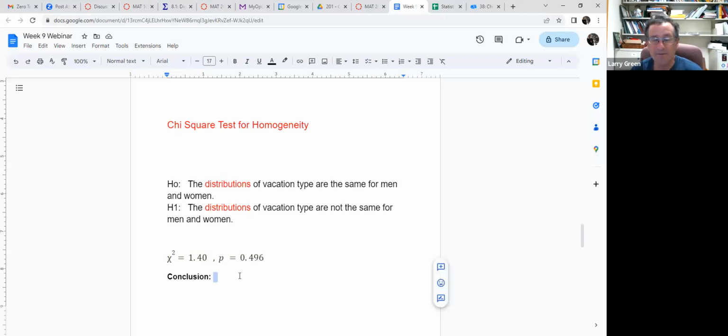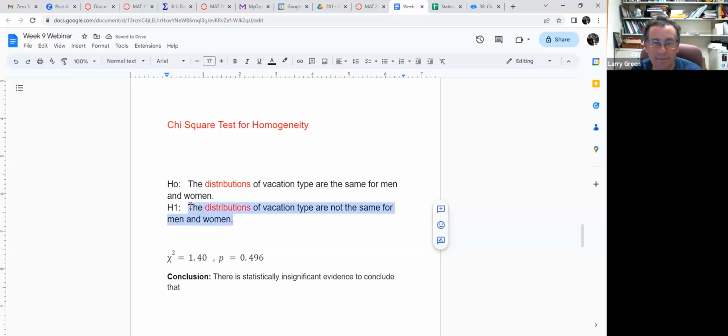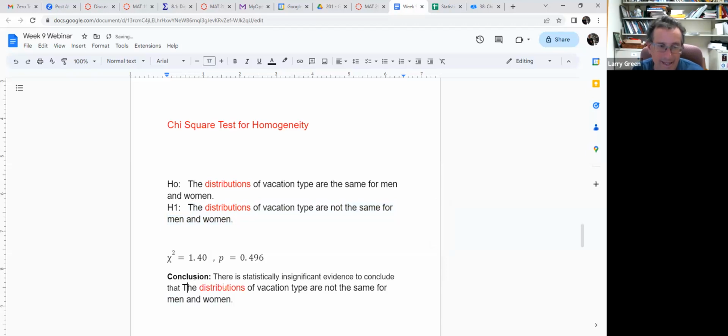And then we write our conclusion. What are the first few words? Again, hopefully you're used to this now. Yeah, there's statistically insignificant evidence because 0.496 is bigger than any level of significance you'd use. There is statistically insignificant evidence to conclude that, and then I copy and paste H1, which is what I always do, and take that T and make it lowercase.